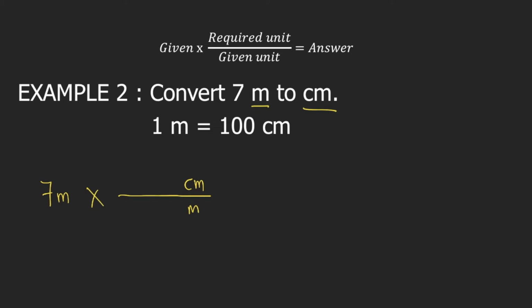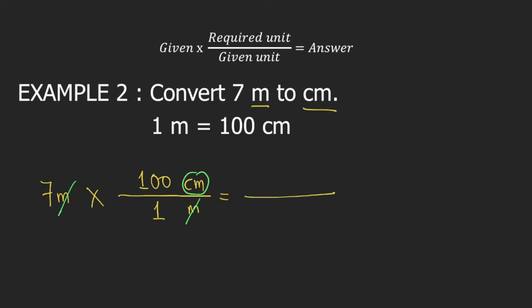According to the equivalence, 1 meter is equivalent to 100 centimeters. Since meter is on top and on the bottom, it cancels out. So we are left with centimeters.